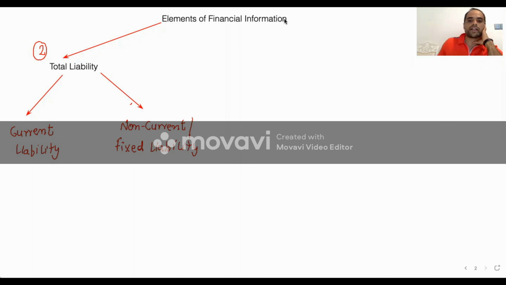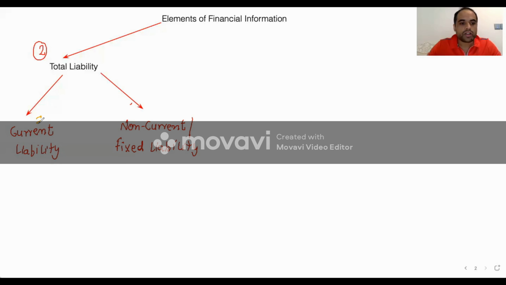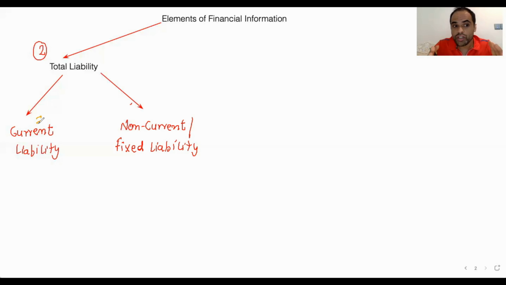Now, what is the meaning of current liability? Current liabilities are those liabilities that you have to pay, because this is your obligation. Your outflow is going to happen from your company. So current liability is a liability which falls due within a year, meaning you need to pay off within a year, right?